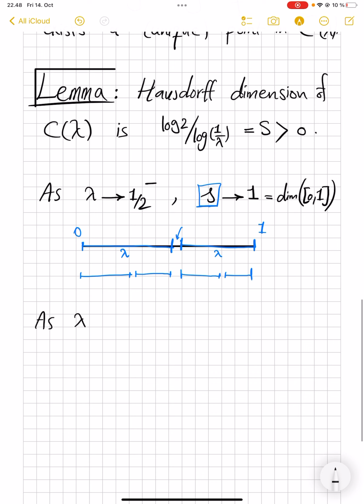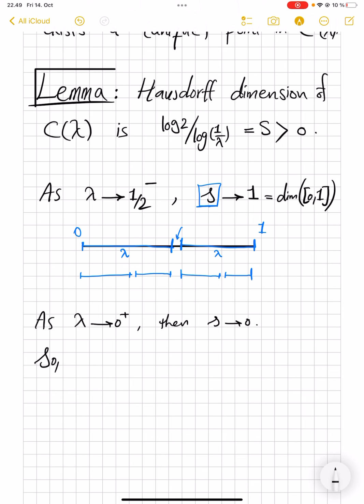If lambda decreases to 0, then the denominator blows up, so S also converges to 0. And this function of lambda is of course a continuous function, and it has the intermediate value property.